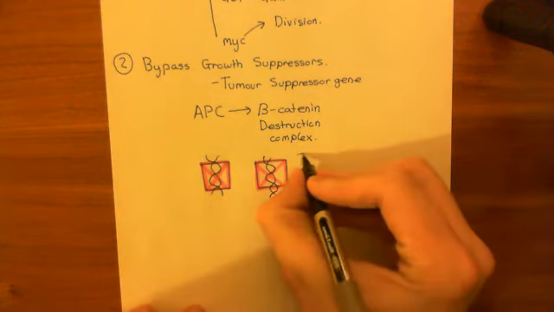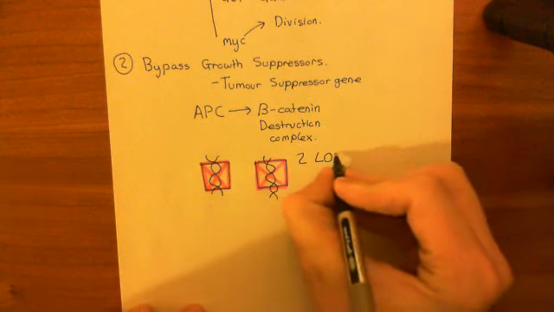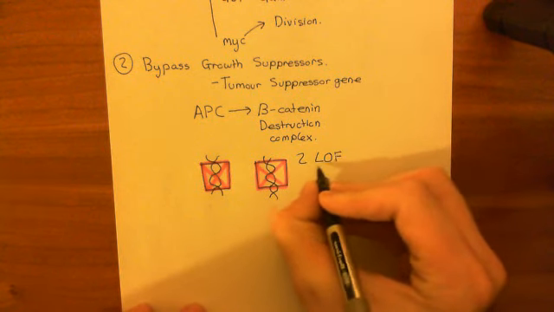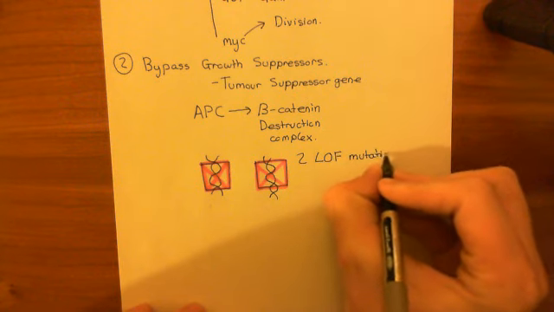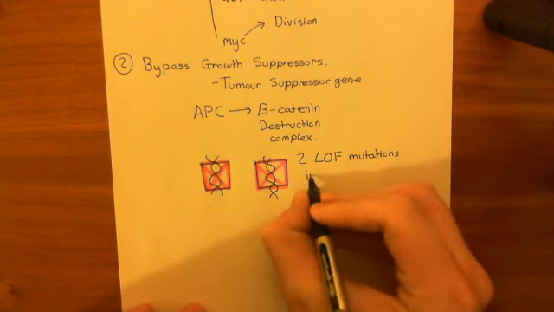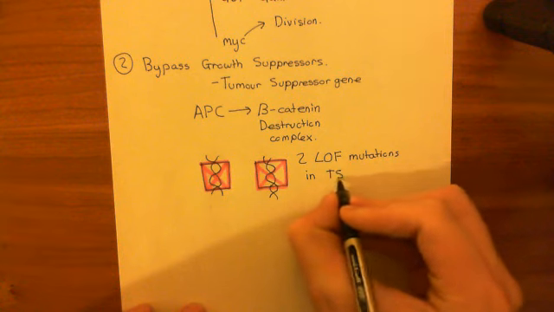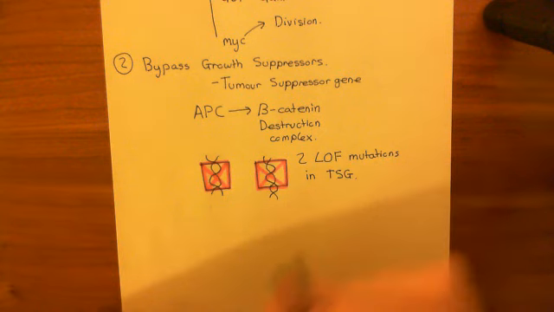So you need two loss of function mutations, which are denoted LOF, in the tumor suppressor gene. So I'll just say tumor suppressor gene, TSG.